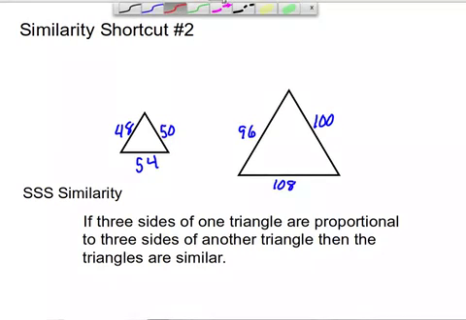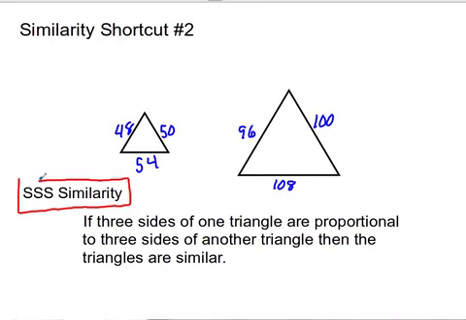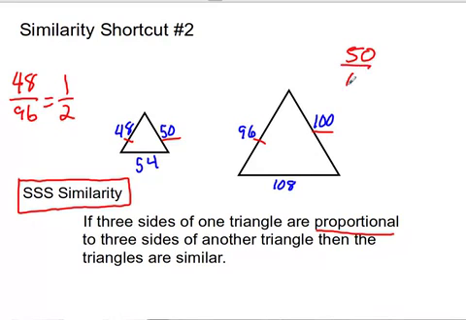SSS, and hopefully you won't be shocked to figure out that SSS stands for side, side, side. Now this one's a little bit different because this word proportional is thrown in here. So it's not that the sides are congruent to one another, it's that the sides are proportional. So this side corresponds with this side, and the ratio is 48 to 96, which is half. This side corresponds to this side, and that's 50 to 100, which is a ratio of half.